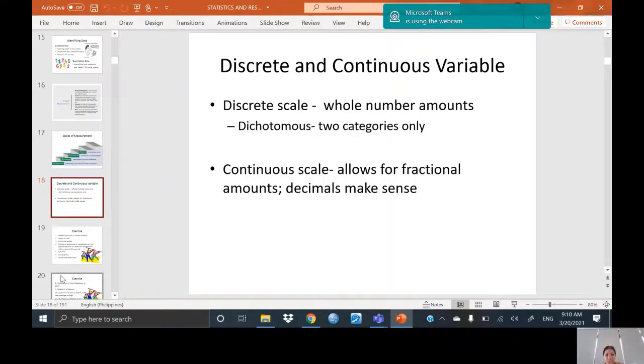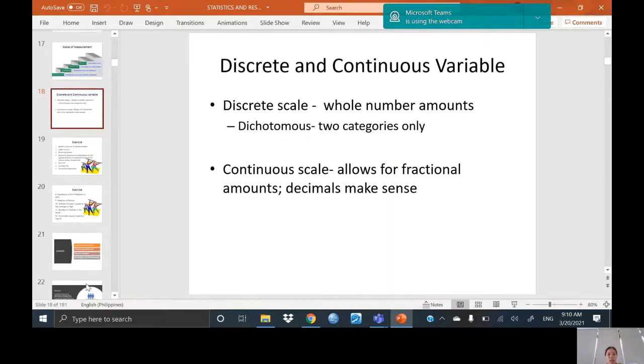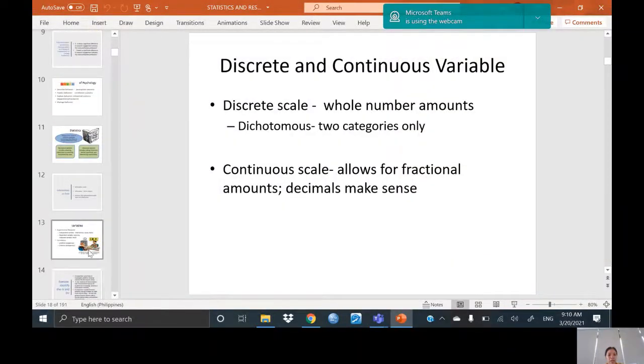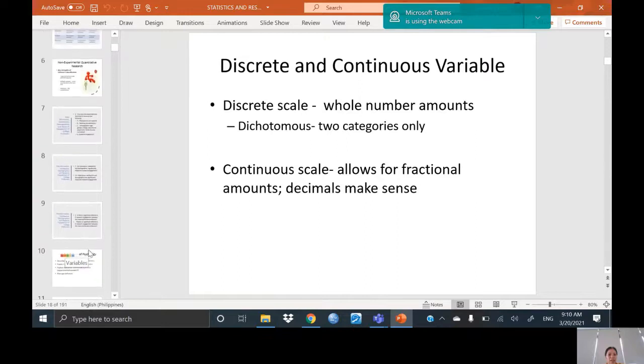So again, variables could be measured along 4 scales: the nominal, ordinal, interval, and ratio. Variable can also be discrete and continuous. Pag sinabing discrete, whole number; continuous, it could be fractional. Variable can also be independent, dependent.